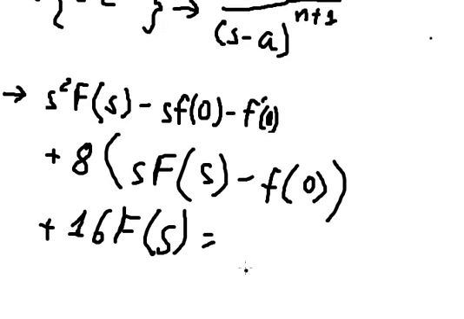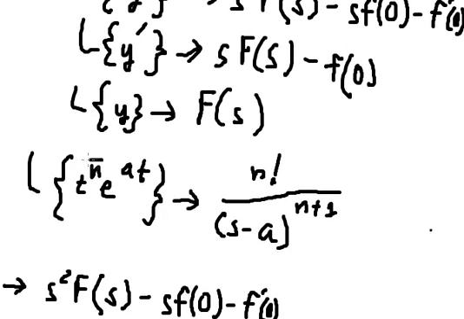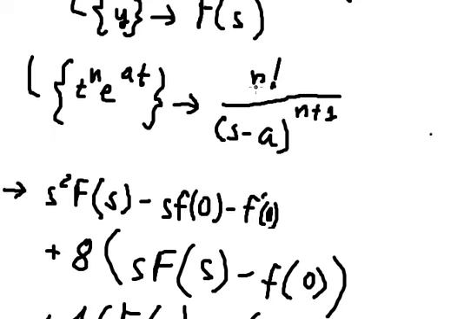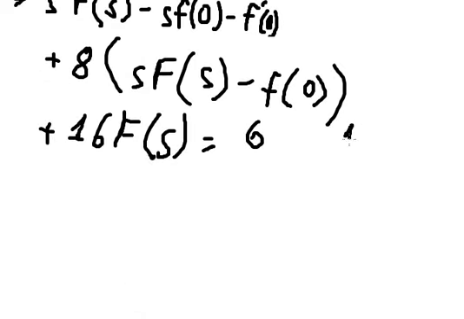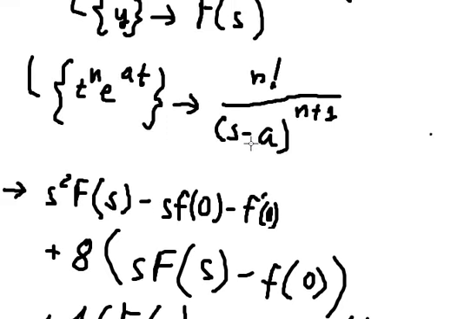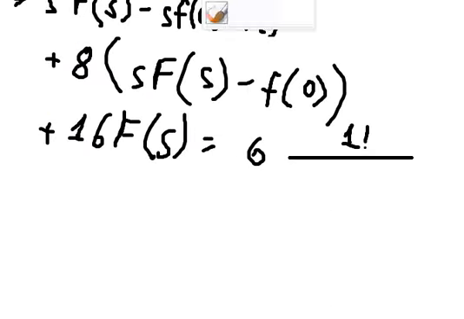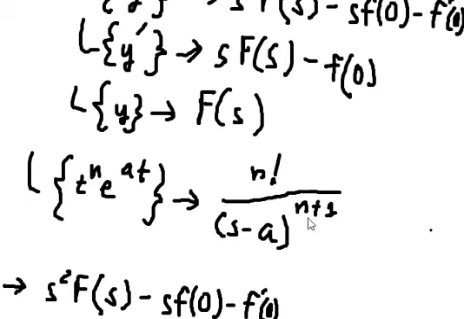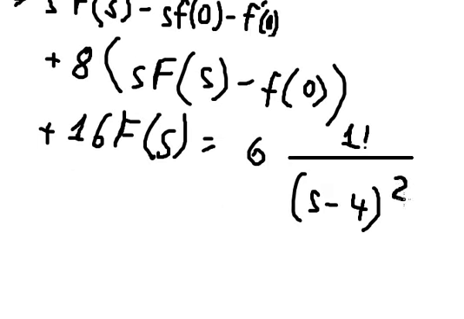This one we have 6, and in this situation a is 4. So we have 1 factorial over s minus 4, and n is 1. So 1 plus 1 we have 2.